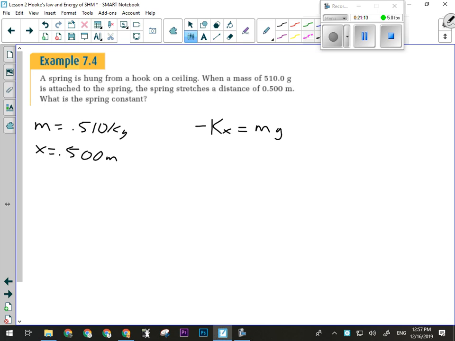So can I now calculate what K is? Yes, I can. So I'm going to divide both sides by X, and I'm going to bring the negative over, so I'm solving for a positive K here. Now, is my X up or down? Yeah, it's down. But then, so is gravity.